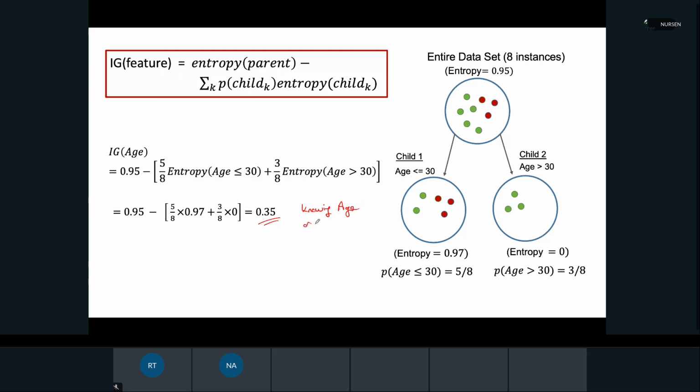Using age information of the patient when making a prediction, we can decrease the entropy. By itself, we can't make any judgments.